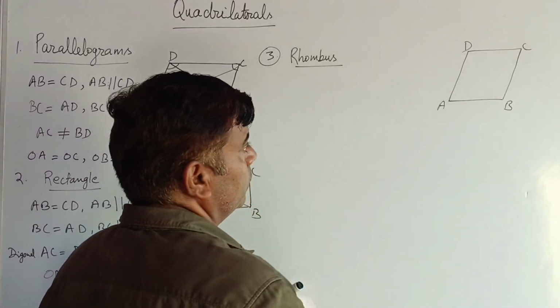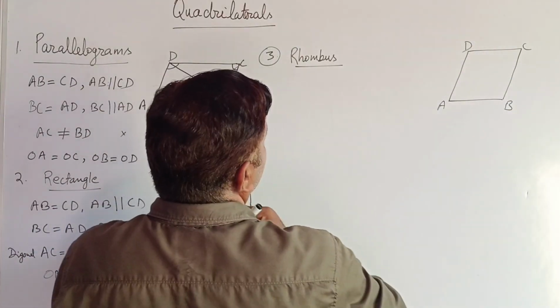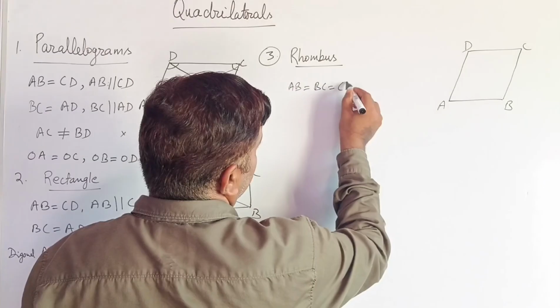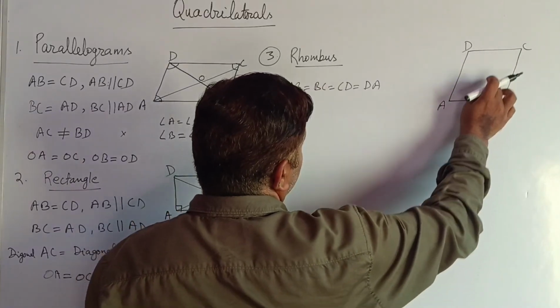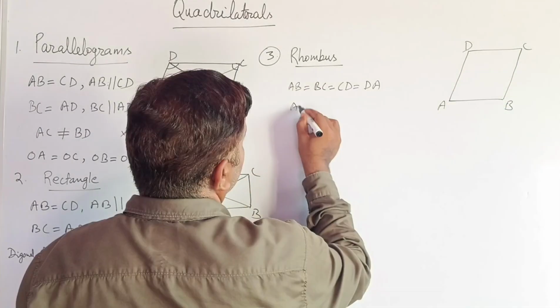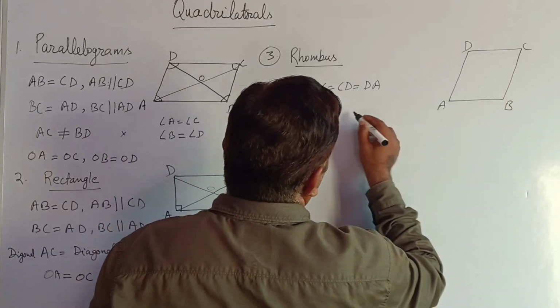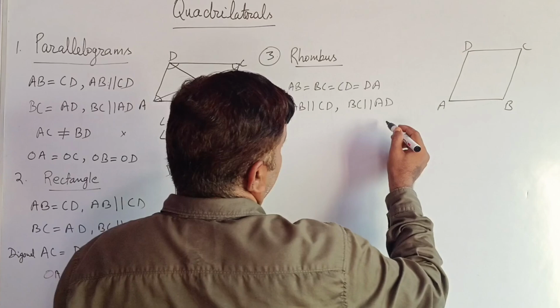You will have to remember that all sides will be equal, which means AB is equal to BC is equal to CD is equal to DA. And opposite sides will be parallel, which means AB will be parallel to CD and BC will be parallel to AD.